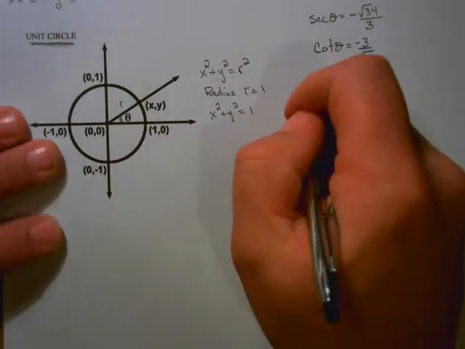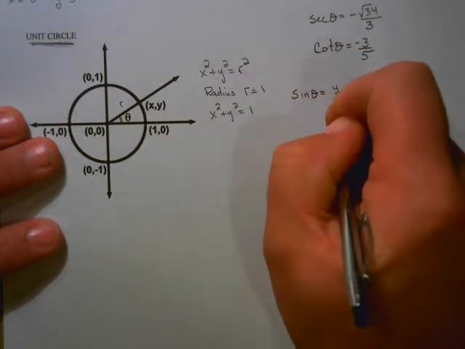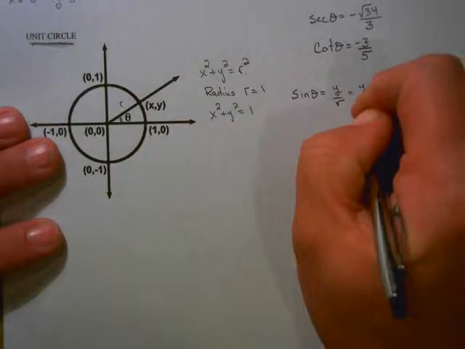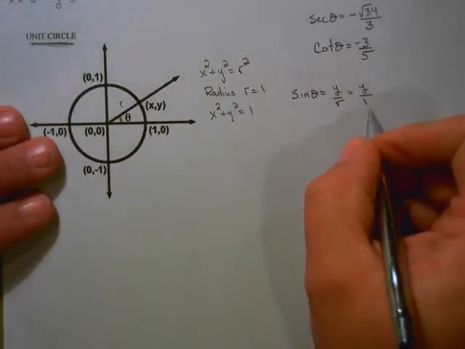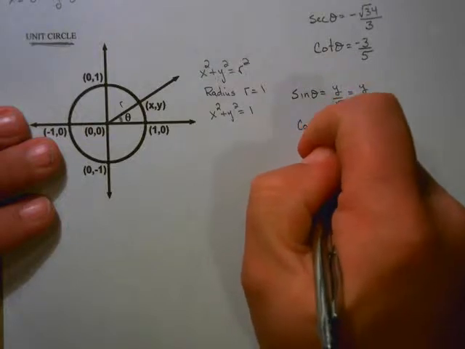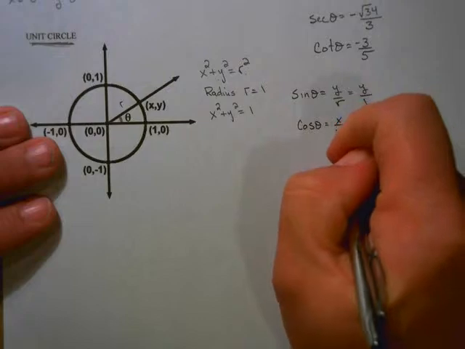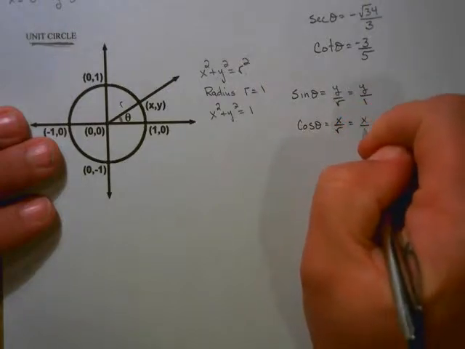But if r equals 1, now remember, sine theta equals y over r, which is going to be y over 1 on a unit circle. And cosine theta is equal to x over r, which is x over 1.